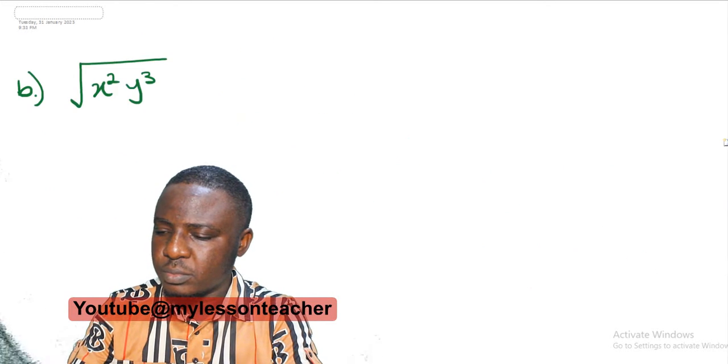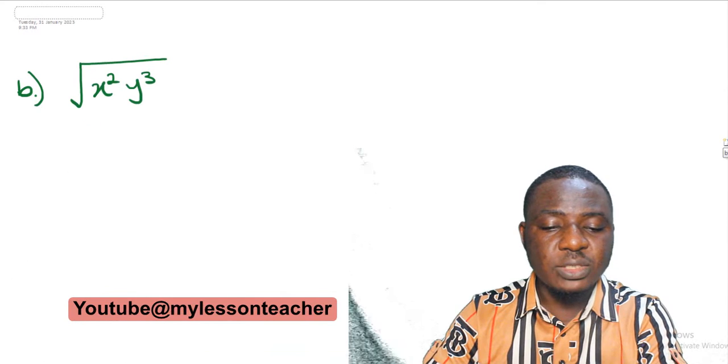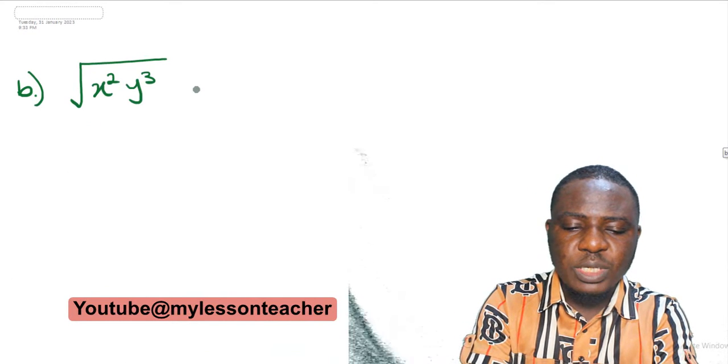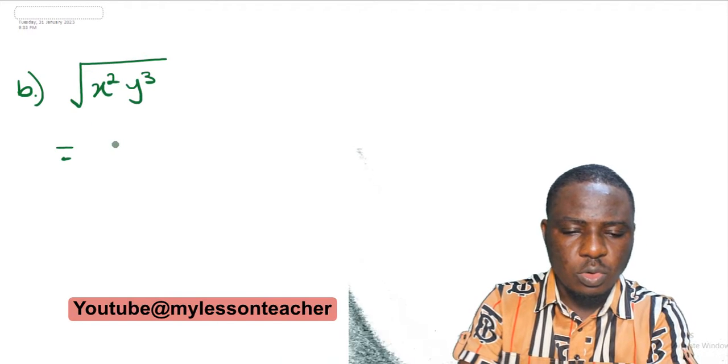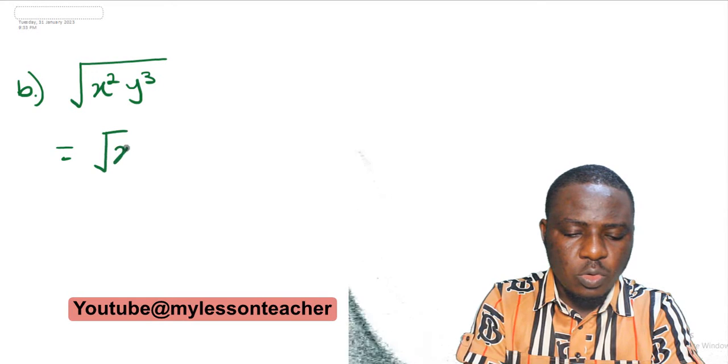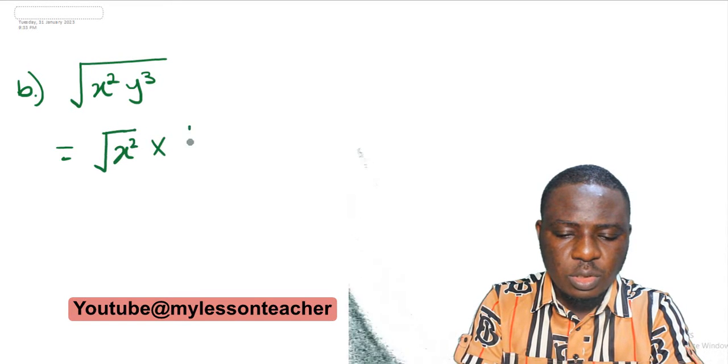B, root X squared Y cubed can be simplified to be equal to root X squared times root Y cubed.